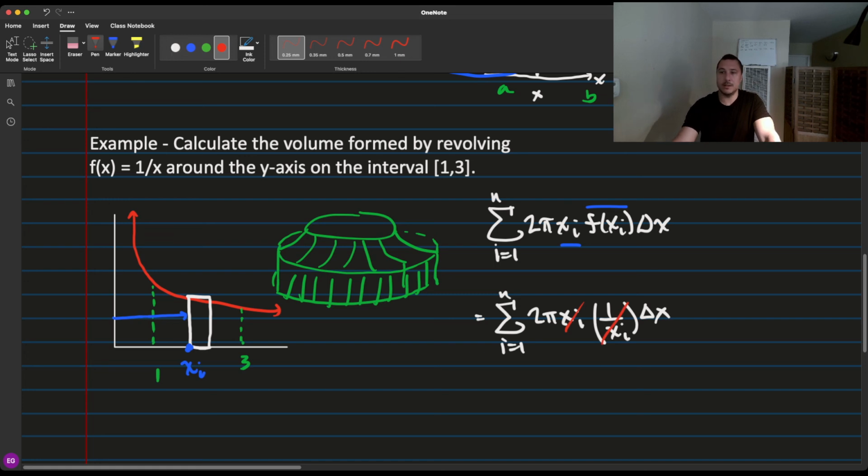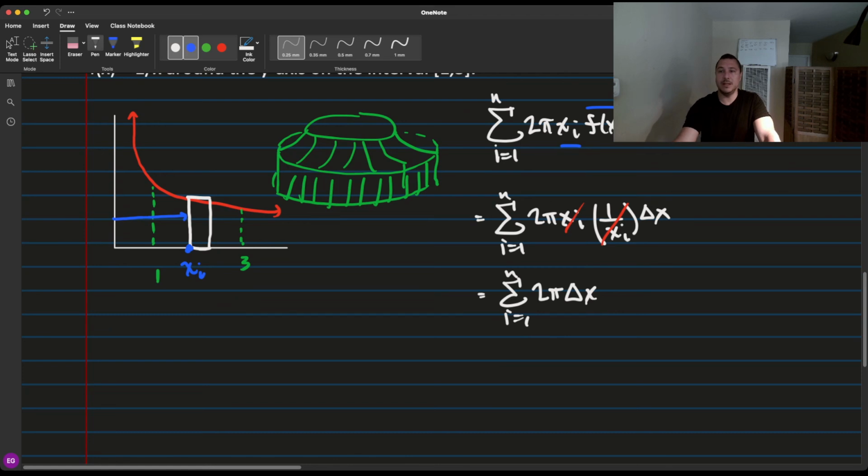These are going to cancel, so you get the sum of i equals 1 to n of 2 pi delta x. So we know that when we take the limit of this, we're going to get an integral from 1 to 3 of 2 pi dx. The antiderivative of that is just going to be 2 pi x.